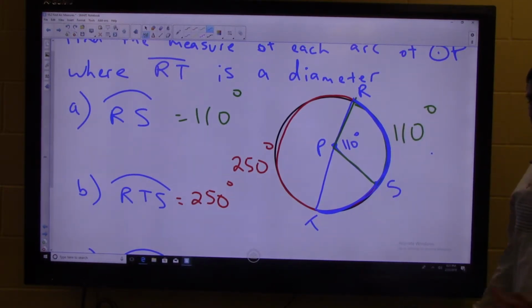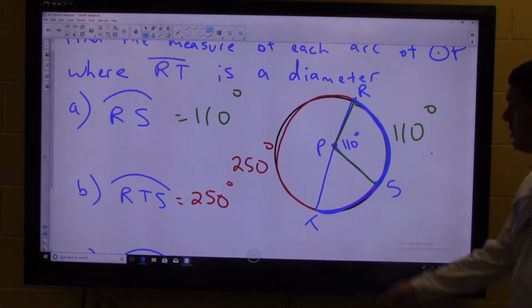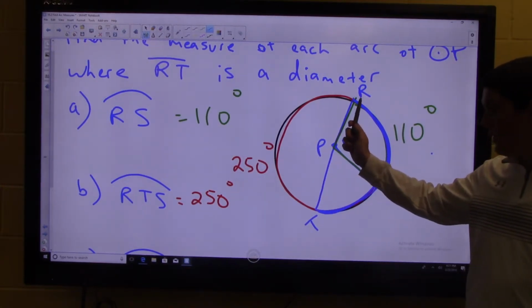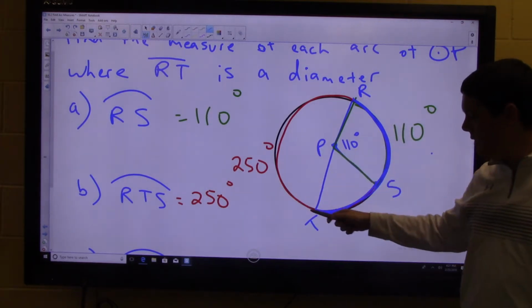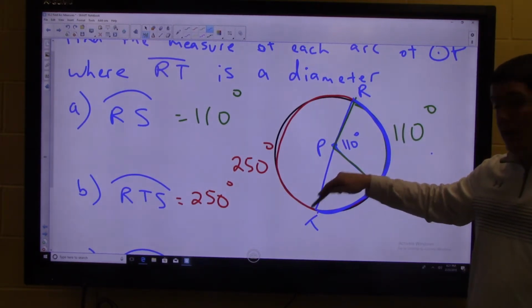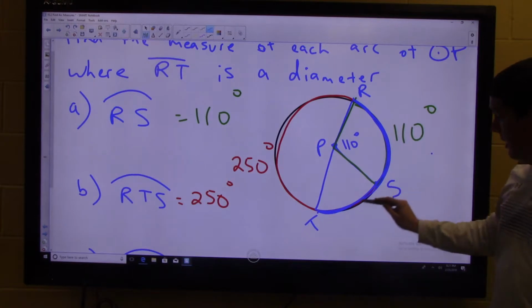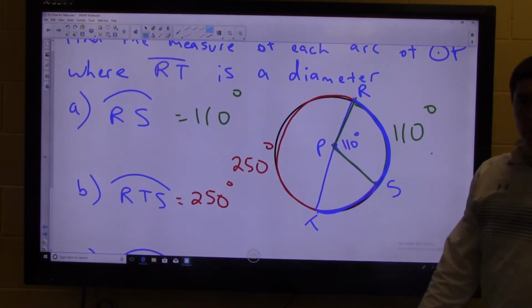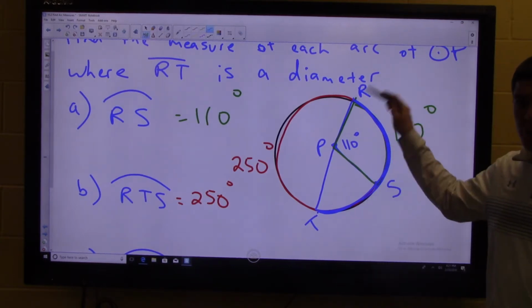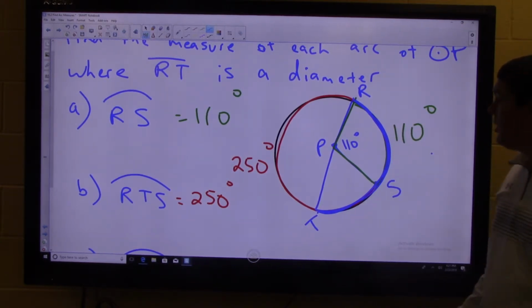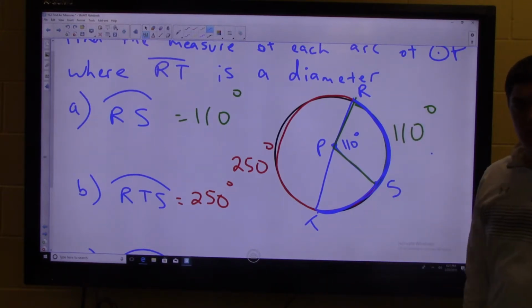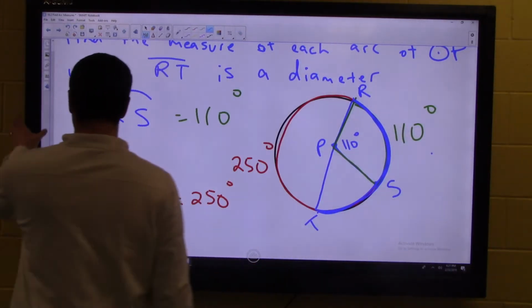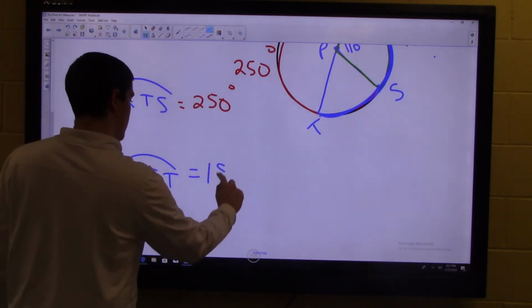So hopefully it makes sense that a diameter is going to split the circle into two semicircles. The measure from R to T this way is going to be the same as the measure from R to S to T. If those measures are equal, 360 divided by 2, that's a semicircle. Diameters always divide the circle into two semicircles. We just talked about the measure of a semicircle. It's 180 degrees. So the answer here is 180 degrees.